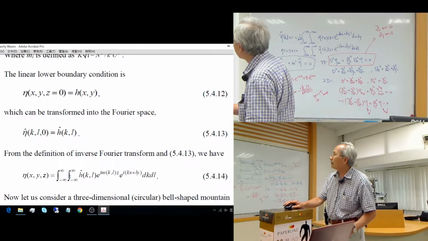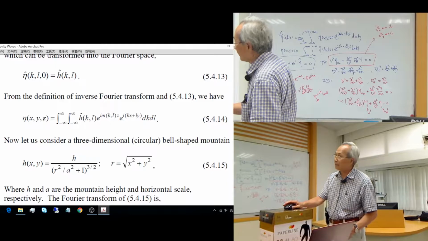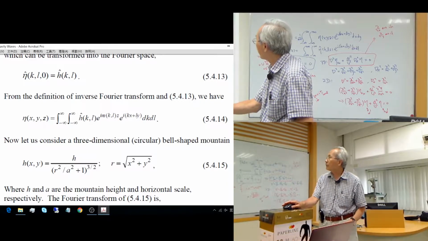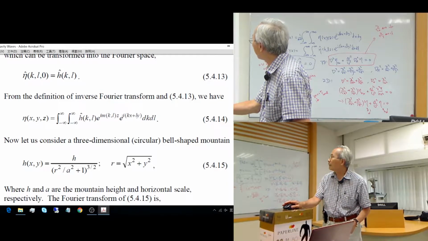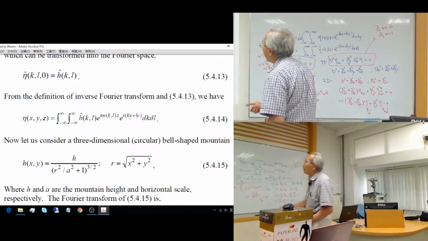So the eta solution can be obtained by taking the inverse Fourier transform. In this inverse Fourier transform, we have e to the i times kx plus ly.